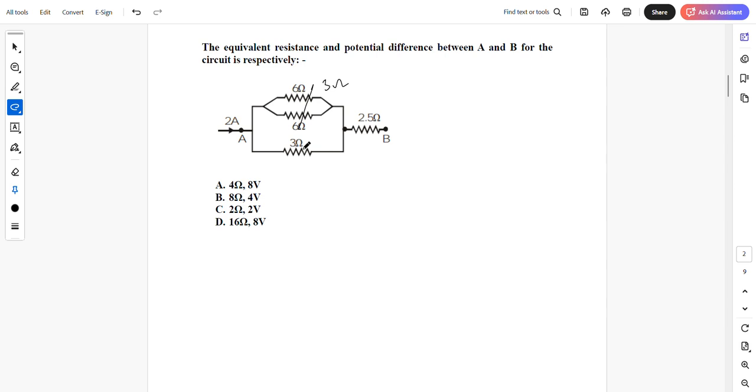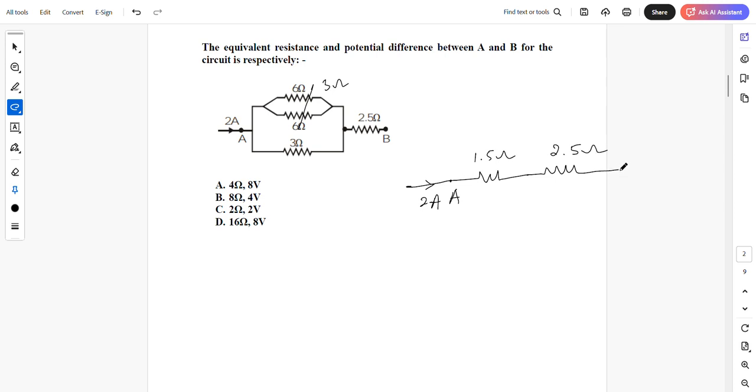Again, 3 ohm in parallel with 3 ohm is 1.5 ohm. This is the circuit, and 2 amperes of current is flowing here. And again, they have given this as 2.5 ohm.